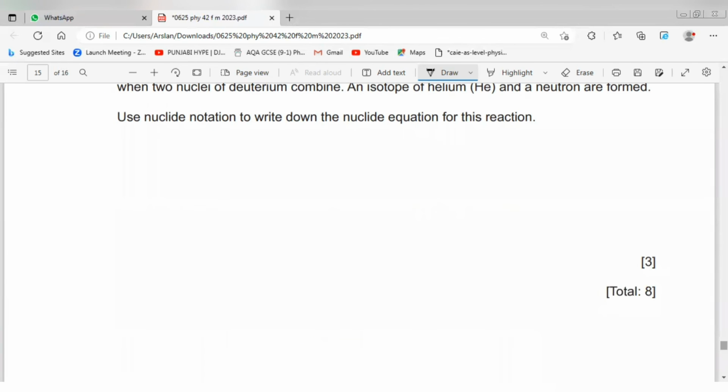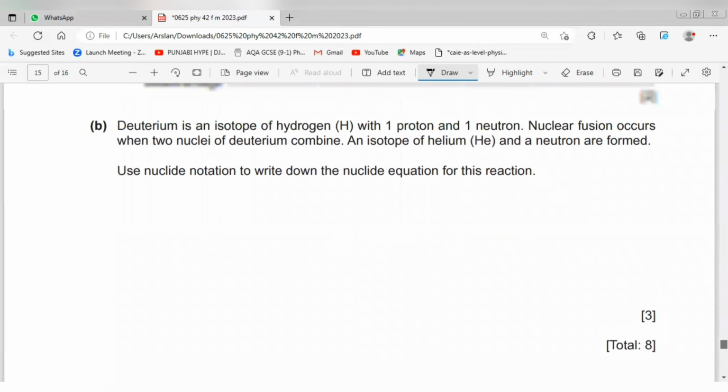Next, the last part of this question: deuterium is an isotope of hydrogen. Deuterium contains one proton and one neutron, so the mass number is 2 and the charge number is 1. Nuclear fusion occurs when two deuterium nuclei combine and an isotope of helium and a neutron are formed. You will write the nuclide equation.